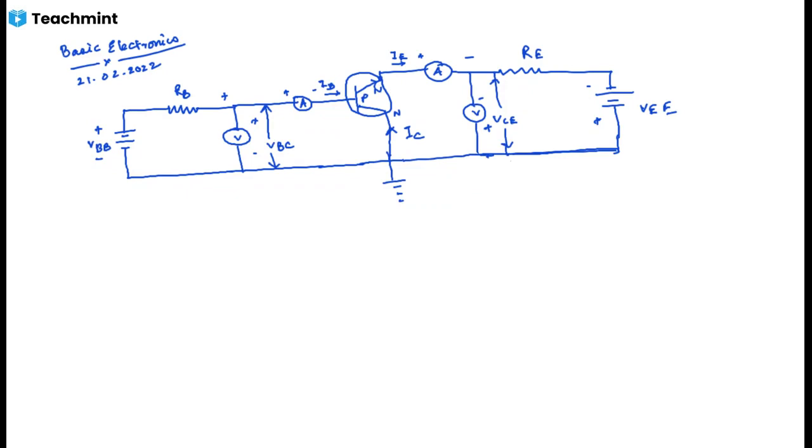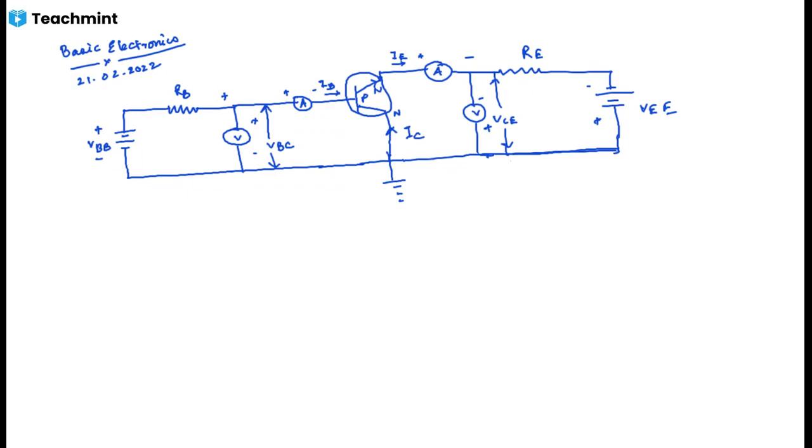In this configuration, input current or base current is denoted by IB and output current or emitter current is denoted by IE. The common collector amplifier has high input impedance and low output impedance. It has a low voltage gain and high current gain. The power gain of the common collector amplifier is medium, sorry. Now we will configure the input characteristics.